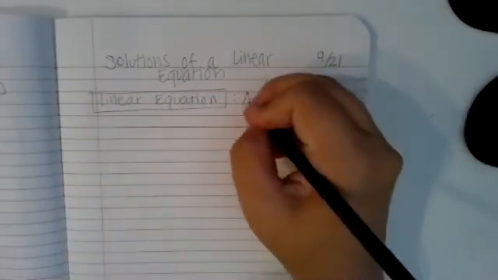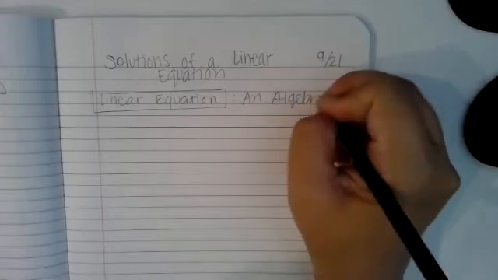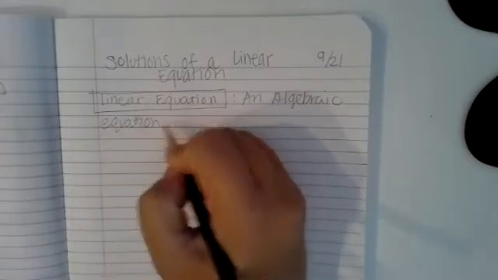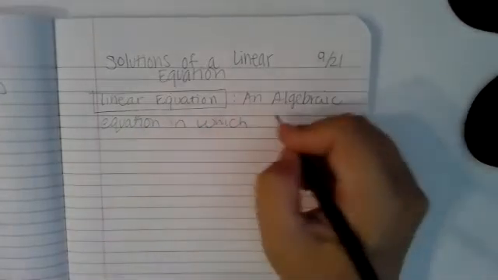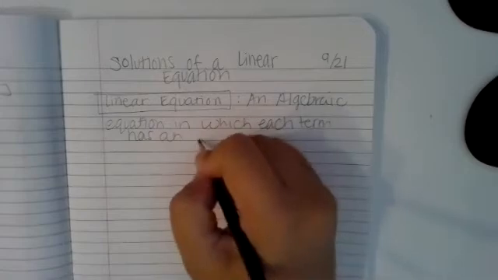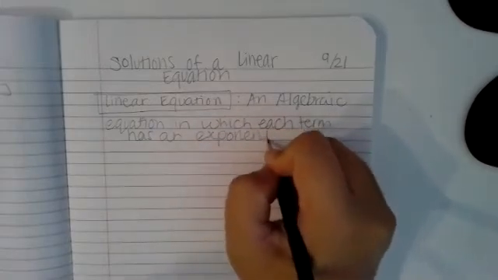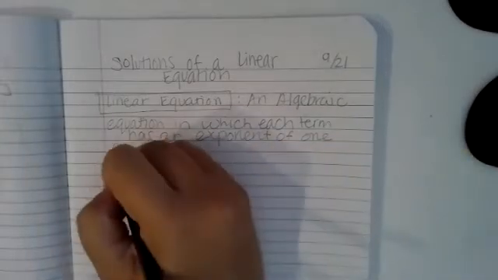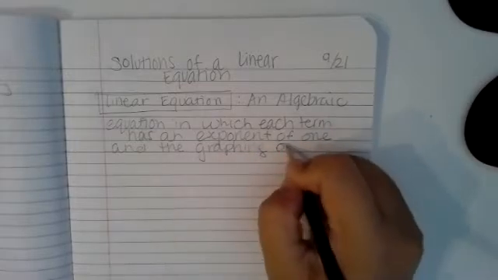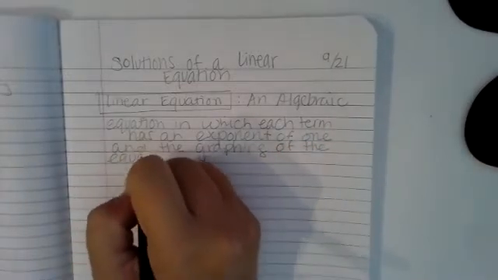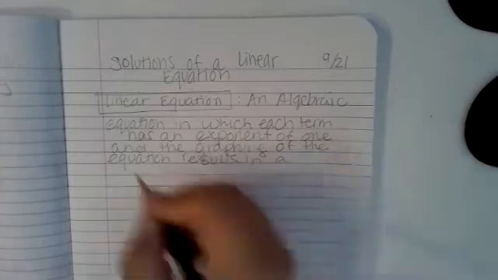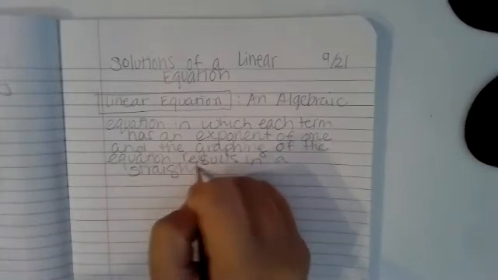So a linear equation is an algebraic equation in which each term has an exponent of 1, and the graphing of the equation results in a straight line.